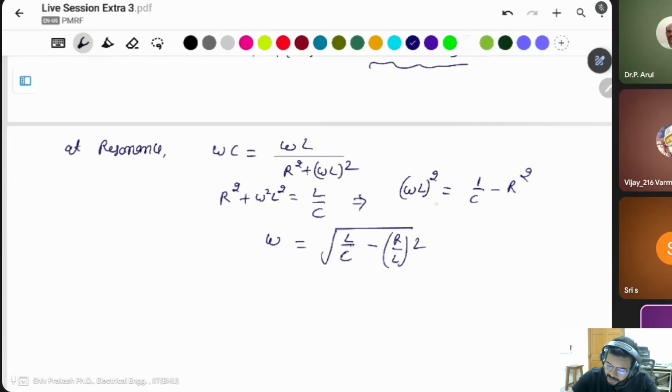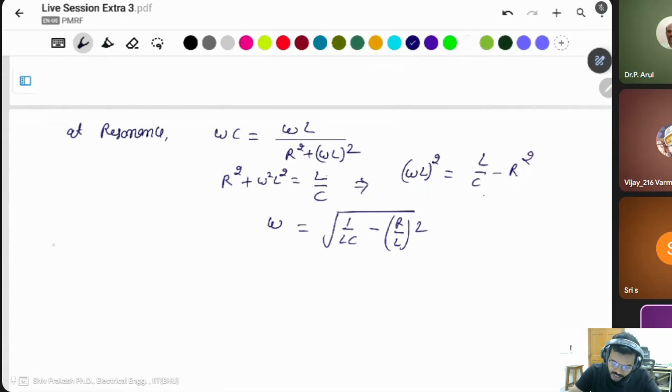If L square is here, that means this is L by C. L by C, L cancels out, only 1 by LC is there. L is there, not 1 by C. Okay. If omega is this one, what is the dynamic admittance?